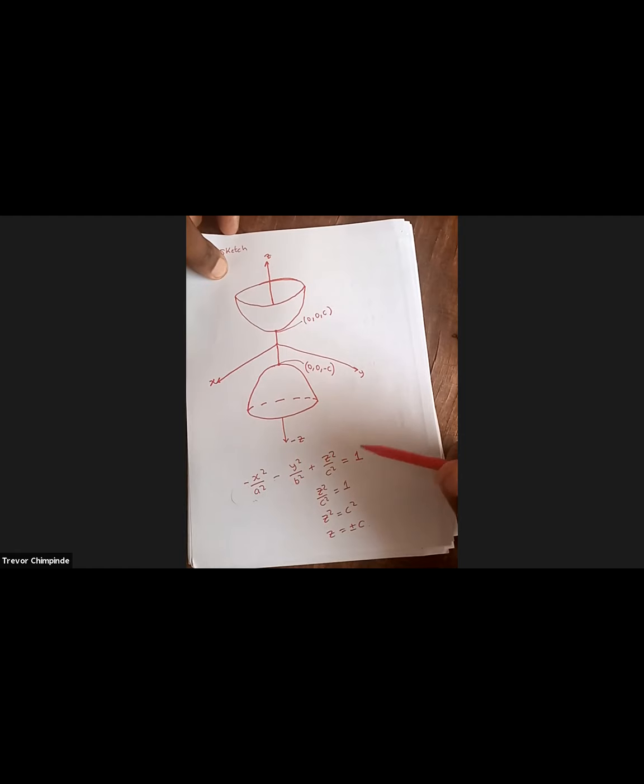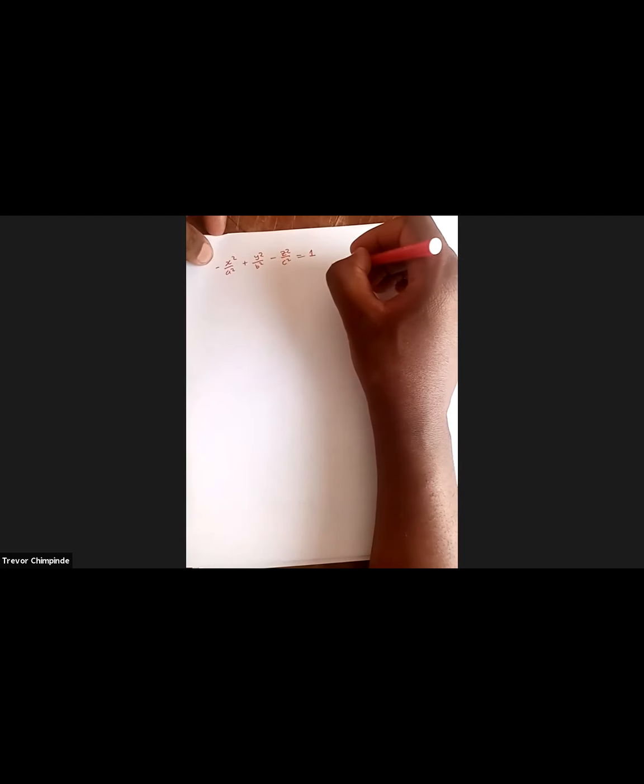If it was y which was positive, so for example, if you had something like minus x squared over a squared plus y squared over b squared minus z squared over c squared is equal to 1, you still get a hyperboloid of two sheets.